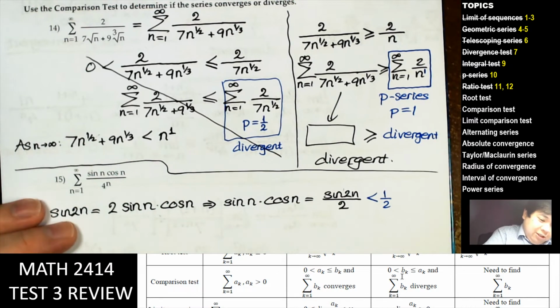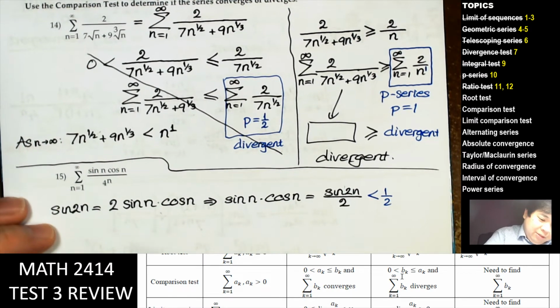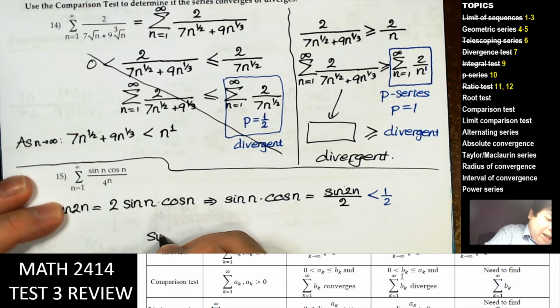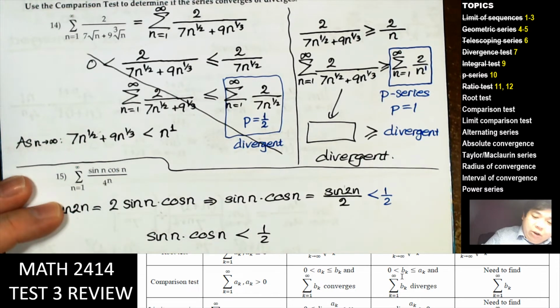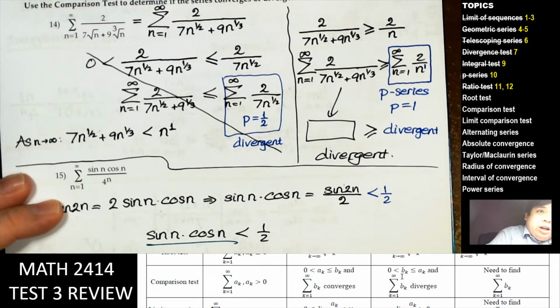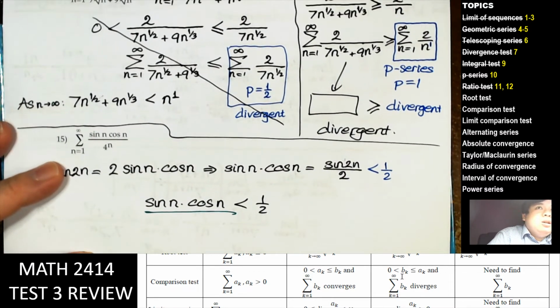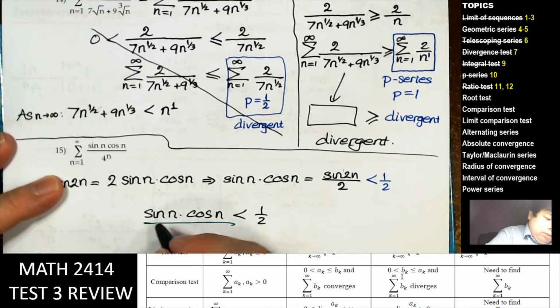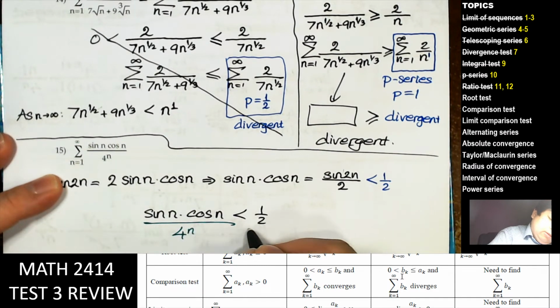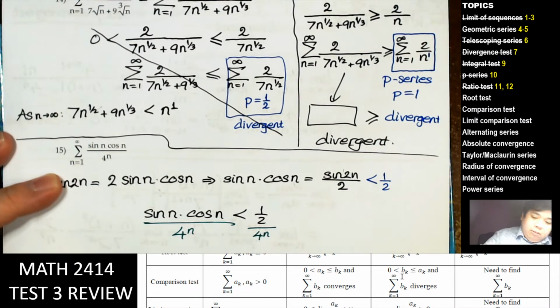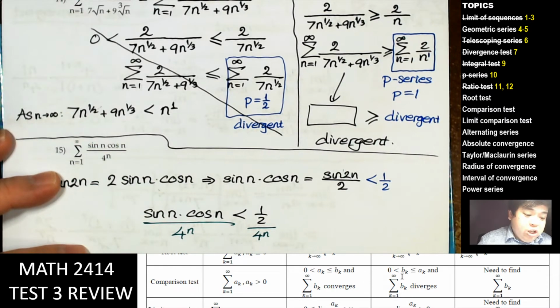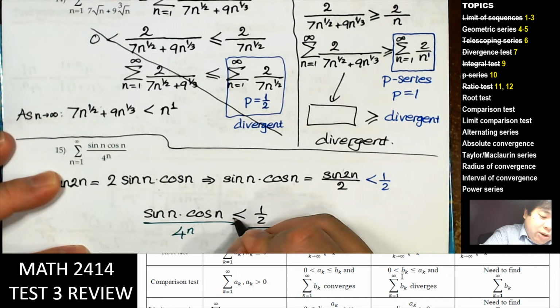Now, so let's say sine n cosine of n less than 1/2. Now if we divide both sides by 4 to the n power, it is positive, so we don't need to reverse the inequality. Actually make it equal to.